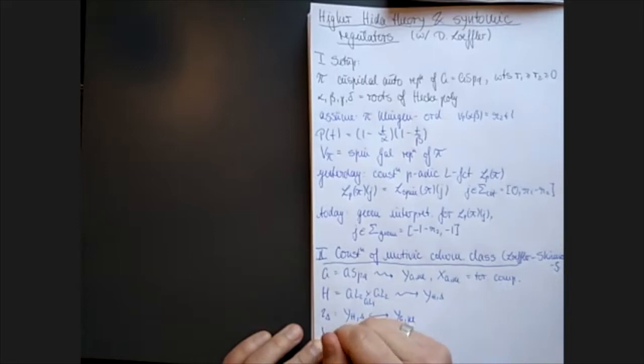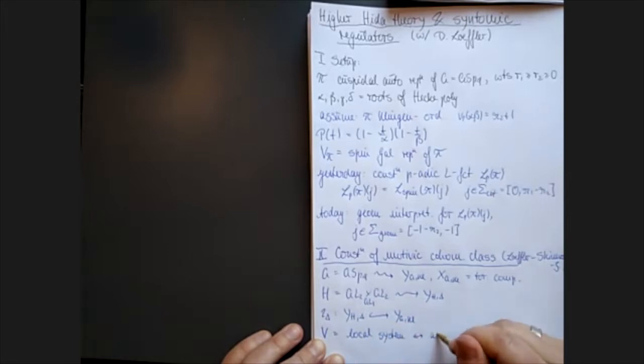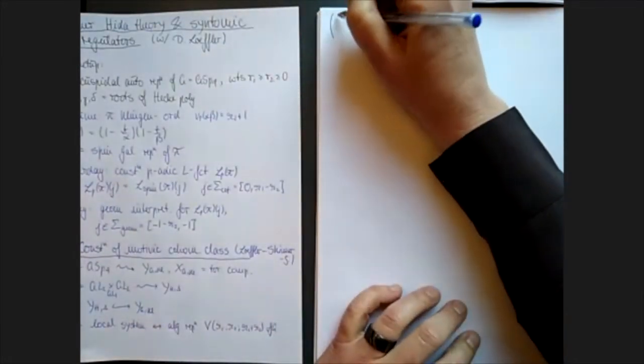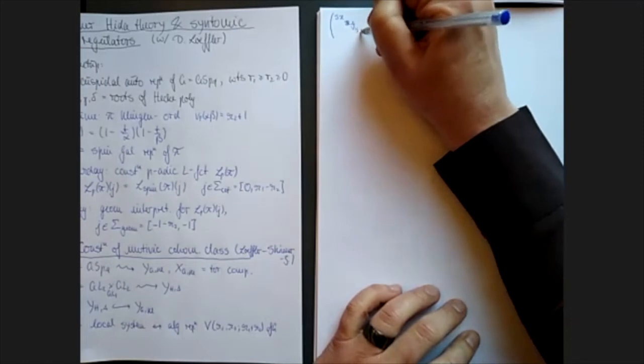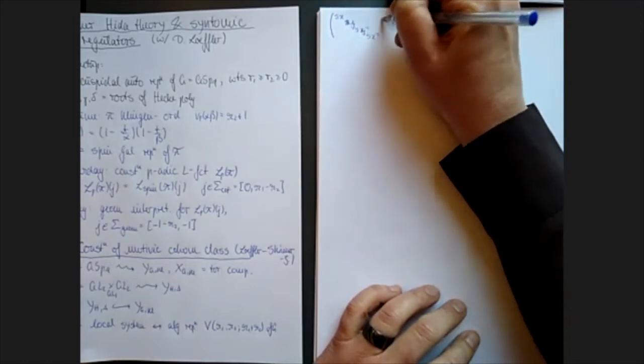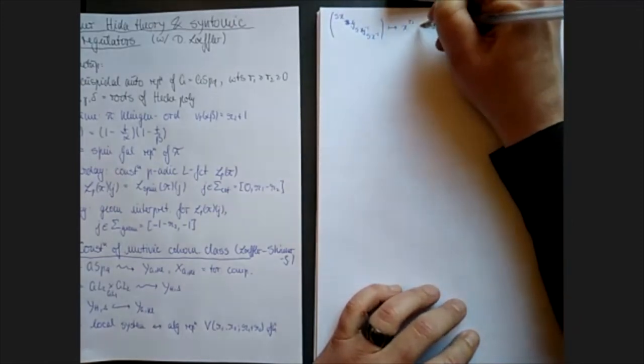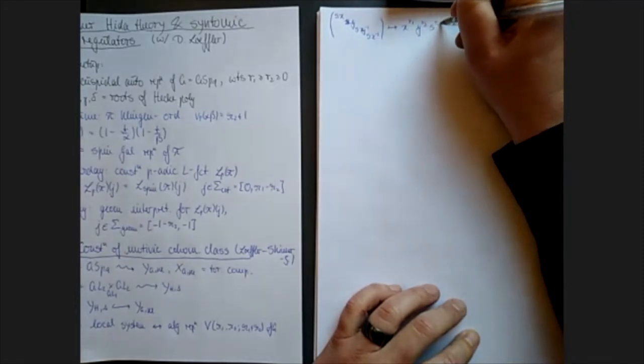Okay, so now we let V be a local system associated to the algebraic representation, which we call V(r1, r2, r1 plus r2) of G. Let me just say that it is attached to the weight: if we have an element of the torus (x, y, s y^-1, s x^-1), this is sent to x^r1 y^r2 s^(r1 plus r2).